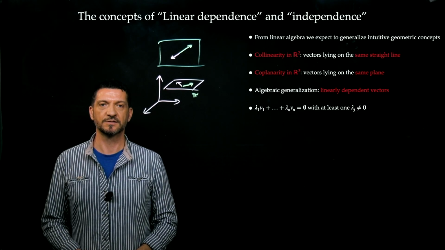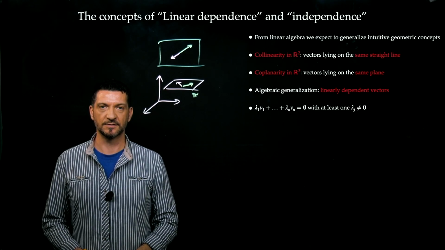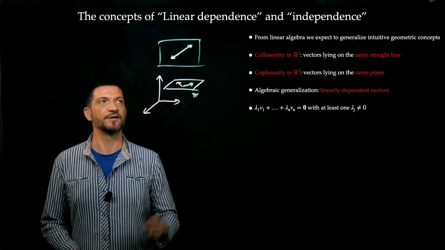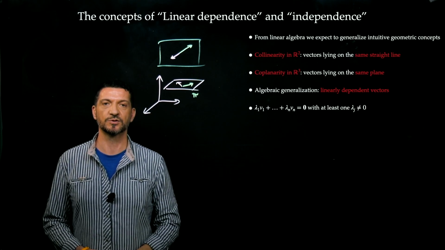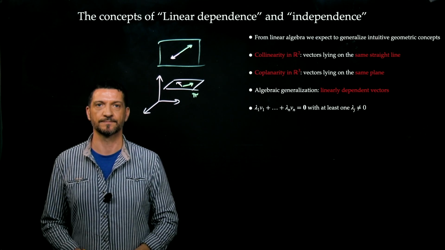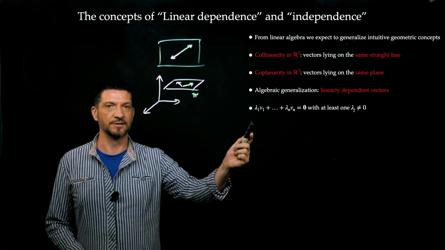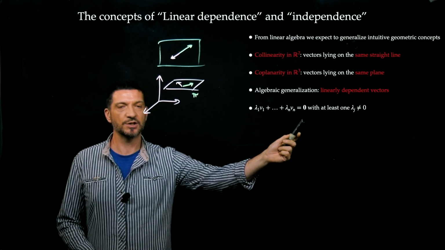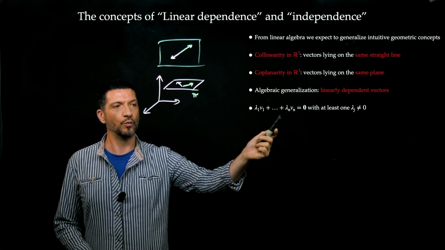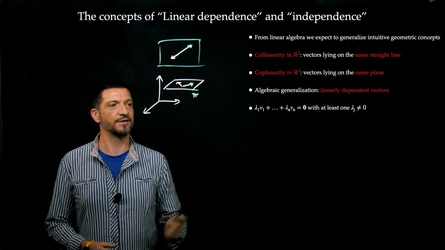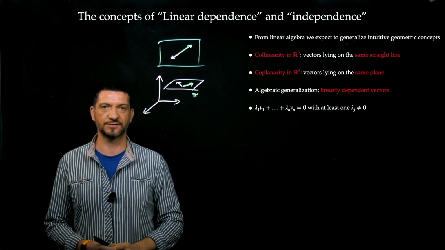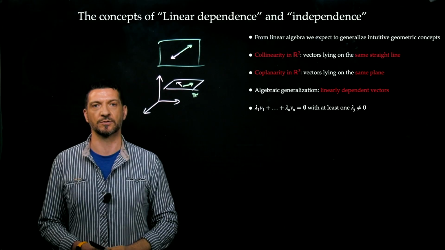We have seen that the concept of linear dependence allows us to generalize these two intuitive concepts to more than 3 dimensions. A bunch of vectors v1, ..., vn is said to be linearly dependent if they can generate the null vector with a linear combination that has at least one of the scalars that is non-zero.